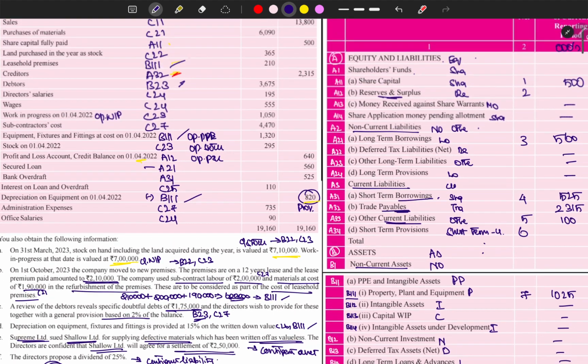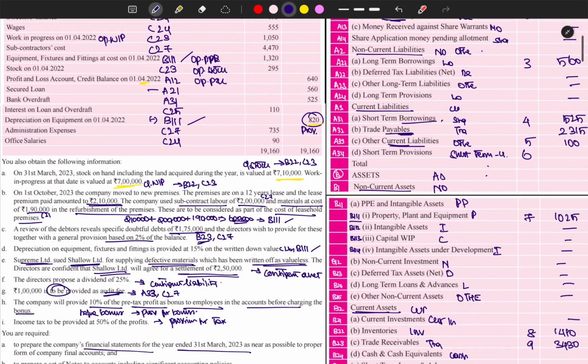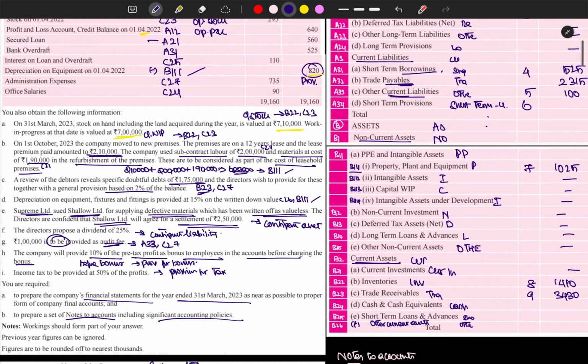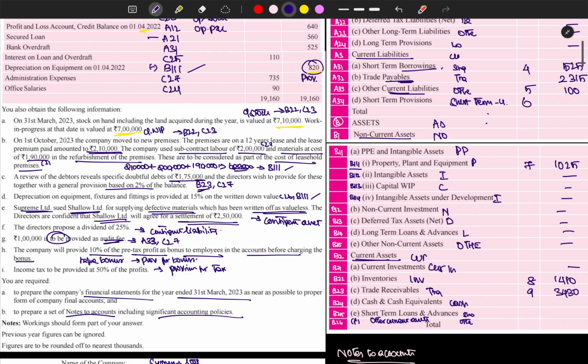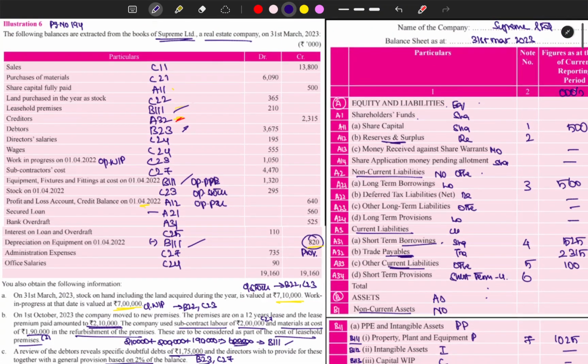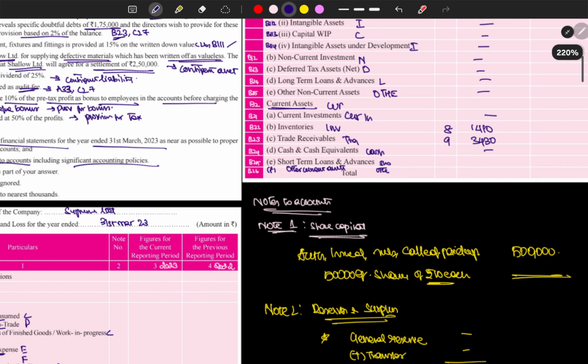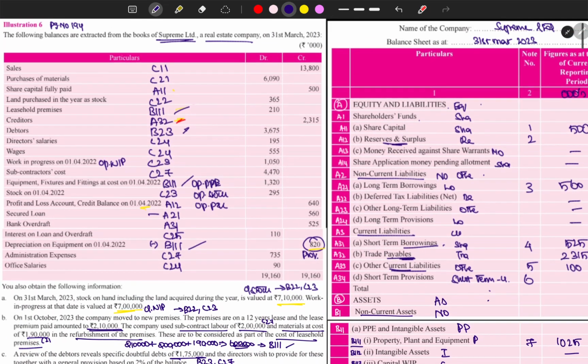B24, that's it. There is no bank balance. Okay. Short-term loans and advances, B25. Is there any B25?